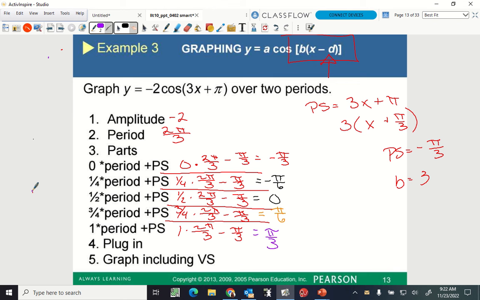Okay? So feel free, if there is stuff that you don't get, you gotta let me know. I like fractions. I really do. It's a lot easier than decimals. They always work. So anyway, next thing is we're going to go to the plug-in part.